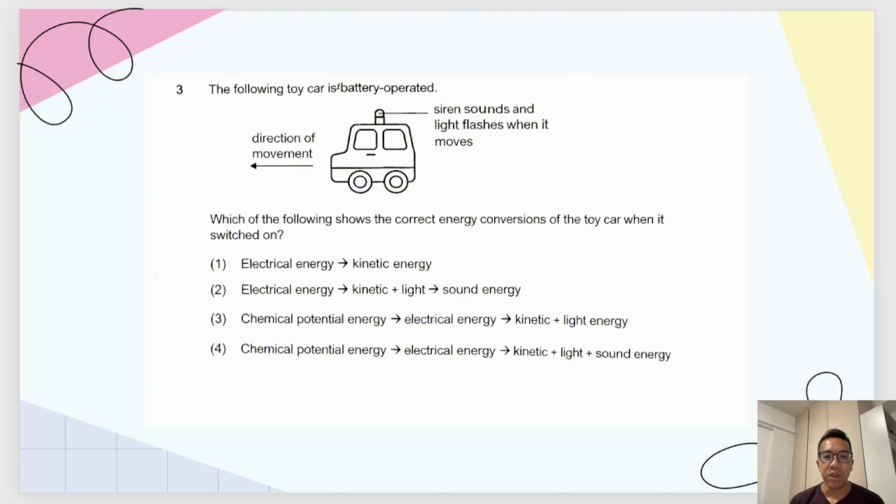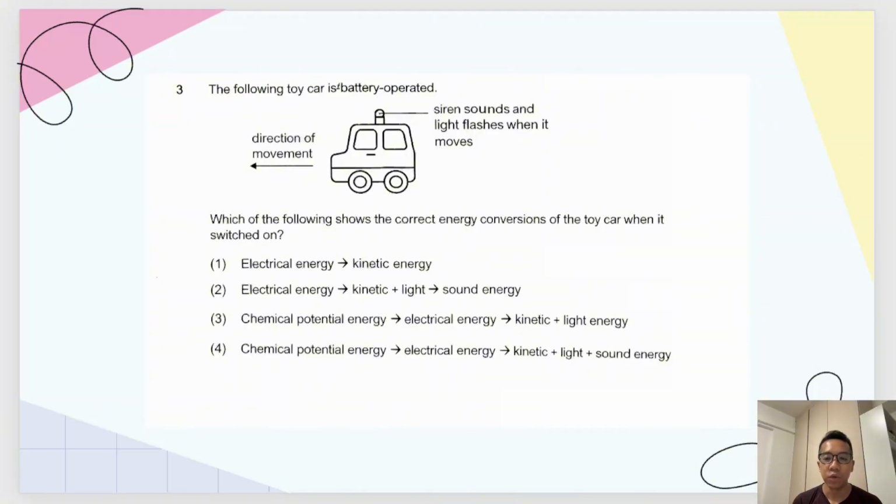From electrical energy, you can tell from the diagram that the car produces sounds via sirens, it produces light flashes as well, and last but not least, it also produces kinetic energy in the form of movement when the car moves from the right hand side of the picture to the left hand side. So all in all, the output here is kinetic, light and sound energy, which is option number 4.